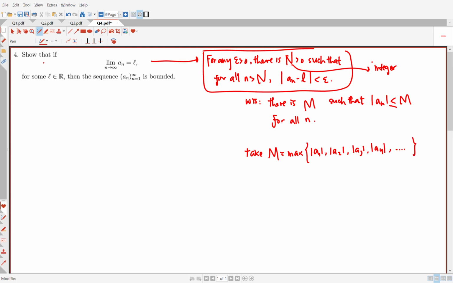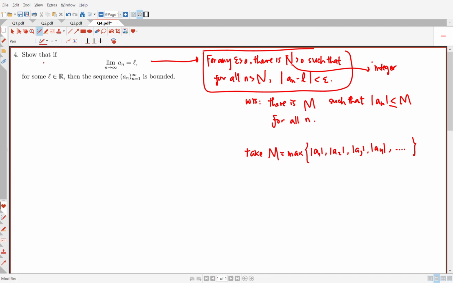Then I'm sure that the absolute value of a_n must be less than or equal to this, because the absolute value of a_1 is less than this, right?